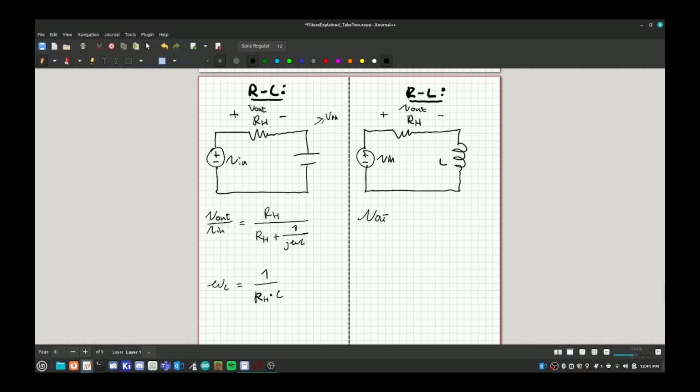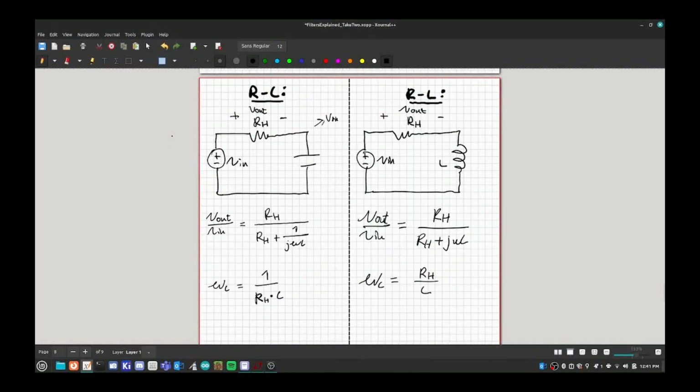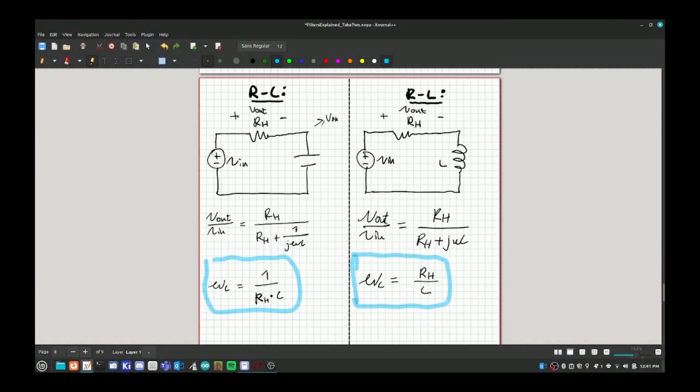So Vout over Vin equals RH over RH plus J omega L. And if you go through the math, you get the same result, where omega C equals RH over L. And let me just make sure that I did that right. Yep, RH over L. So these are in fact the same transfer functions. So if you use the same components, you get the same transfer functions, at least in this simple filter design.